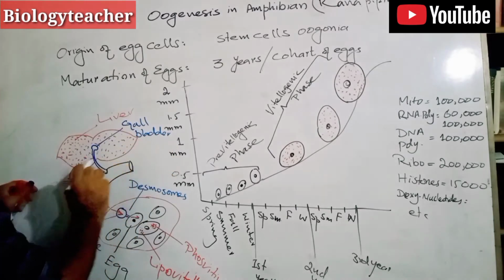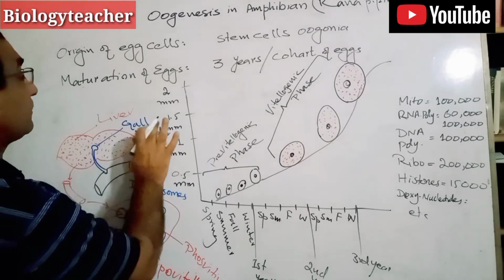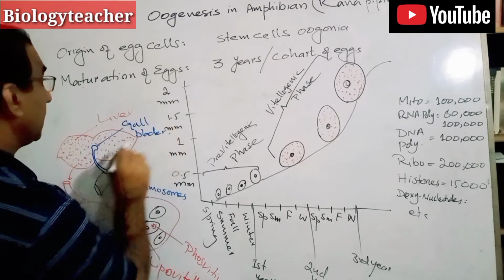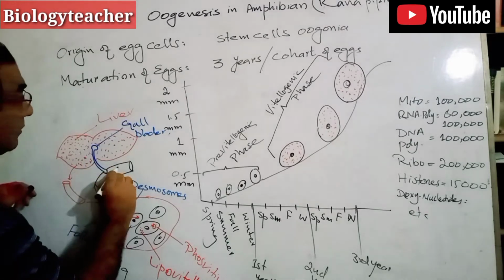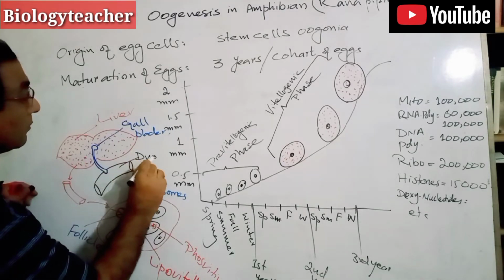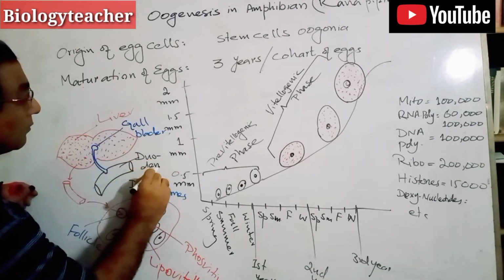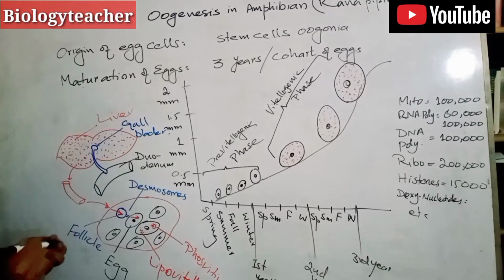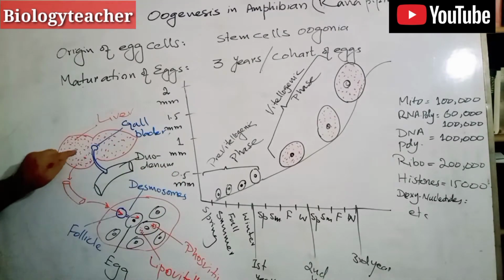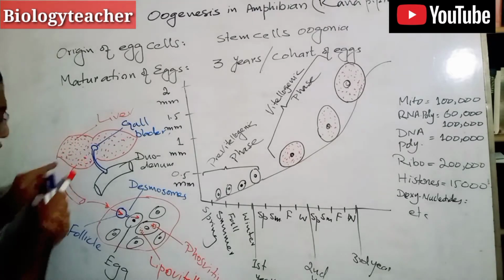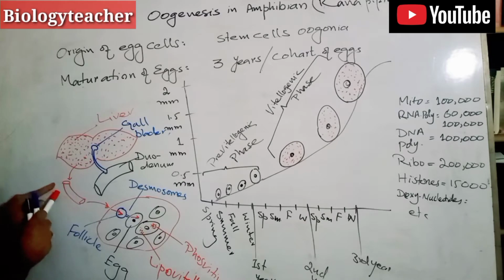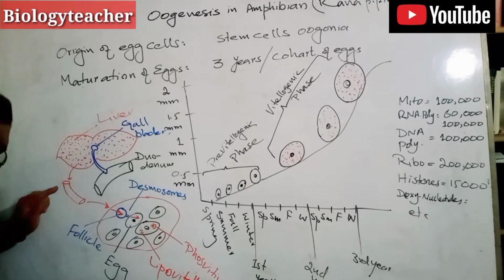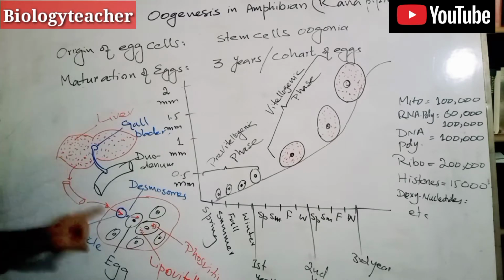This is the duodenum. Here in the liver the yolk is produced, and that gets into the bloodstream. This is the blood vessel, you can see, and from the bloodstream it reaches the ovary.